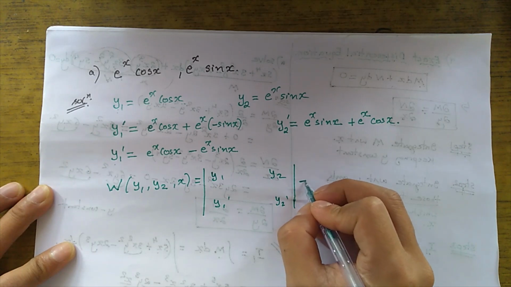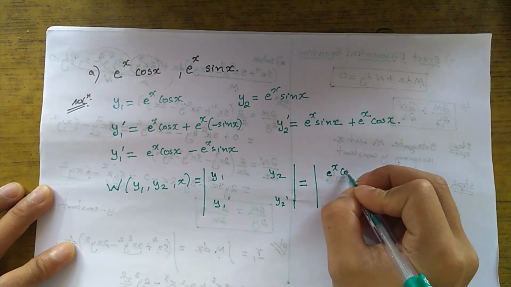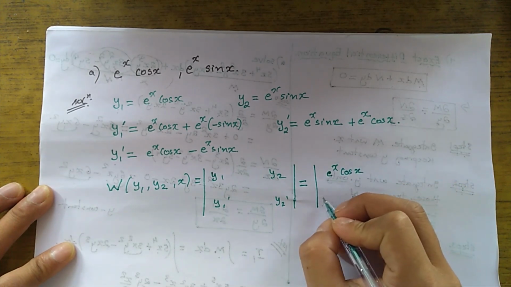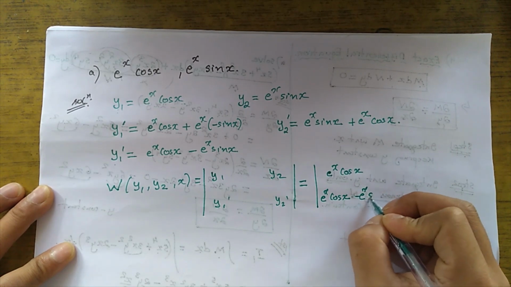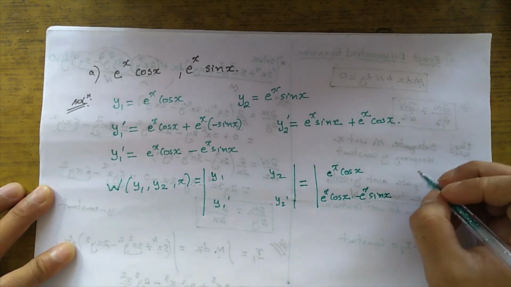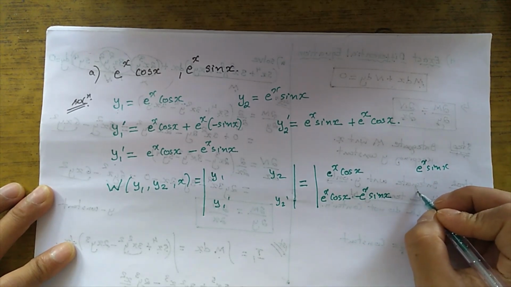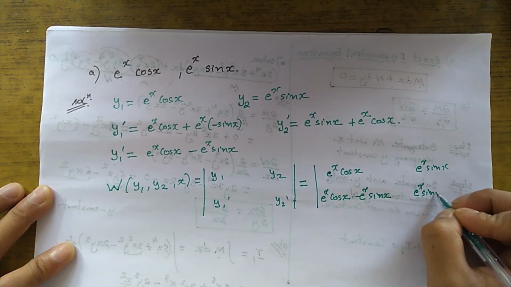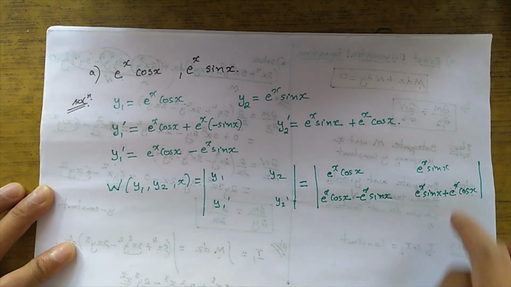If we put in these values, y1 is e to the x cos x, and y1 prime is e to the x cos x minus e to the x sin x. Again, y2 is e to the x sin x, and y2 prime is e to the x sin x plus e to the x cos x. So it's a 2 by 2 matrix.